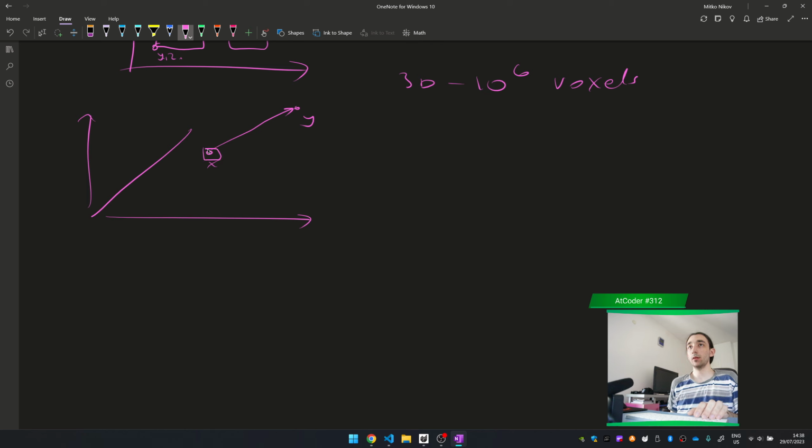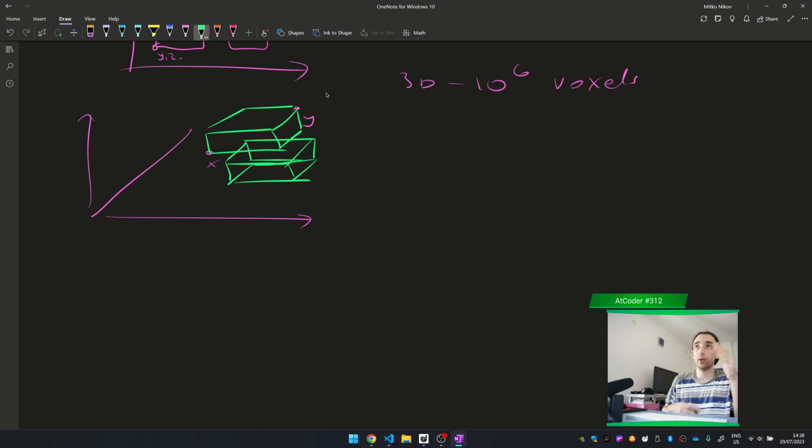Okay, and now when I have some other cuboid, can I somehow sweep line this whole thing?